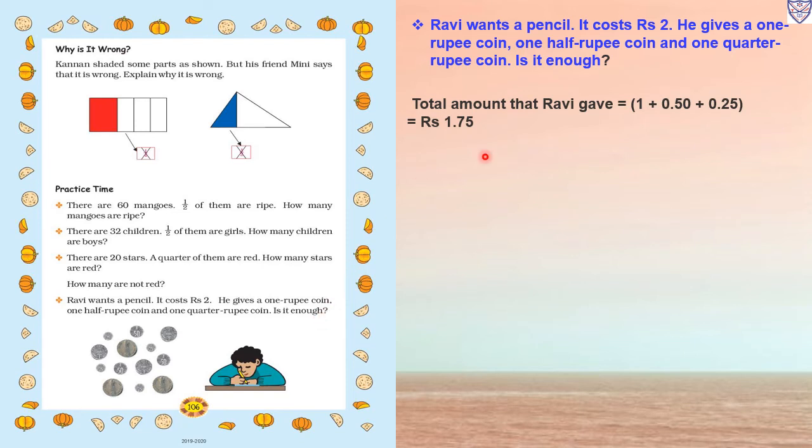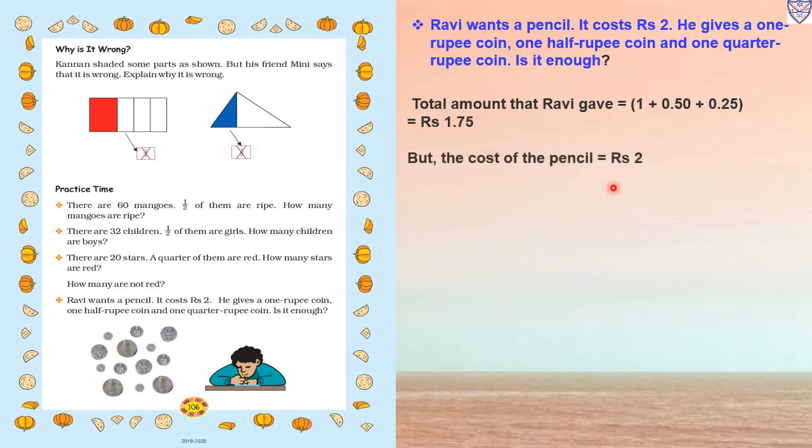The total amount that Ravi gave: first he gave 1 rupee, then he gave a half rupee coin, half means 0.50 paise, then he gave 1/4 means 0.25. So how much is it? 1.50 plus 0.25 means 1.75.